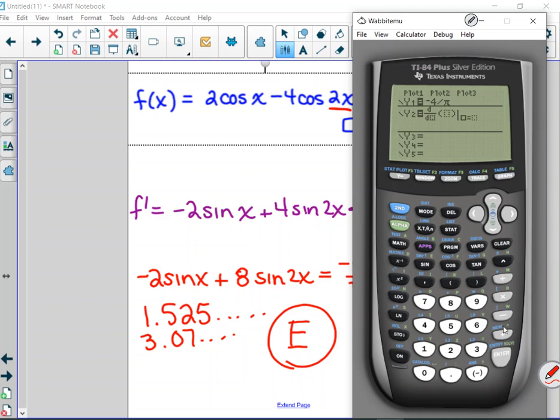If I do math 8 in this graphing screen and tell it to do the derivative of, and I'm going to type the original function, minus 4 cosine 2x, close it up. The thing I got to remember is out here at the end, I got to put x equals x. It's going to take a long, oh, it's not too bad. Yeah, it's pretty slow. It's graphing the derivative.